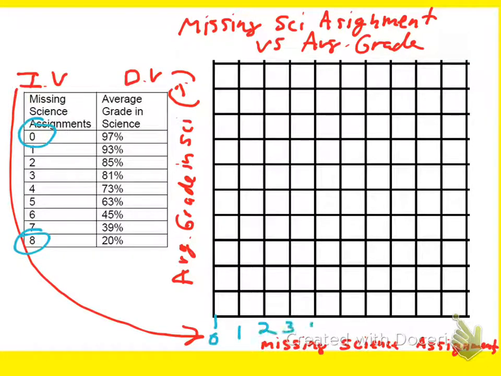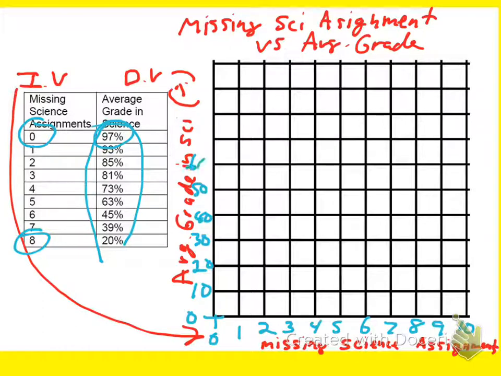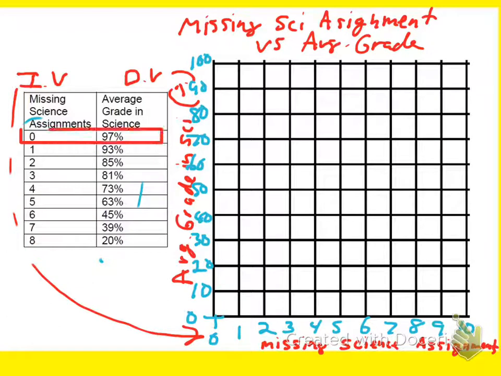Now you need a scale of numbers, so you want to look at your highest number in x and come up with a scale that will stretch across the x-axis, and you do the same thing for the y-axis. Once you have that, you're going to plot it. Just like in math class, you have an x and a y value.